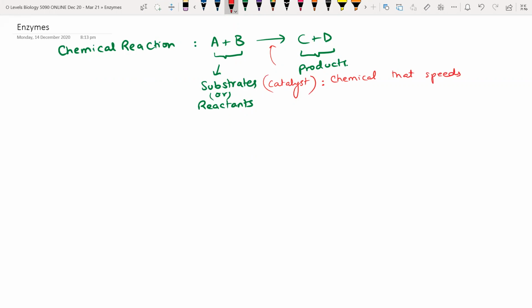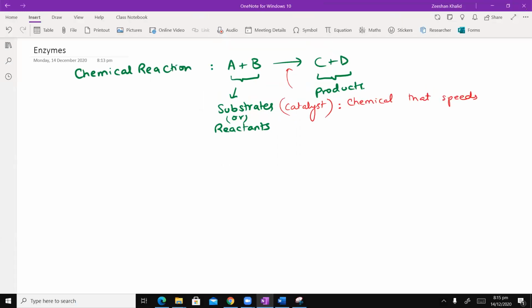Usually आपके level तक हम speed up ही देखते हैं, लेकिन it can alter basically either speed up or slow down. But at your level, it's okay if you only write speed up. So it's a chemical that speeds up the chemical reaction without being chemically used up.